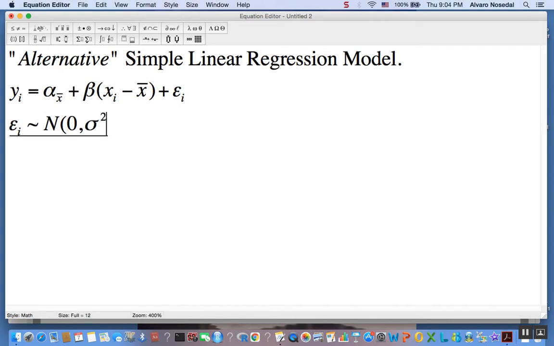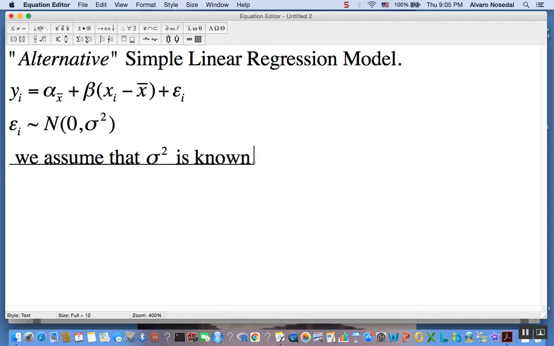Furthermore, we're going to assume that sigma squared is known. Something more: we're going to be assuming that the epsilon i's, the errors, the random fluctuations for each individual yi, are independent.